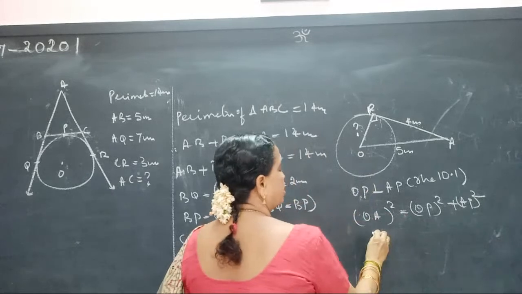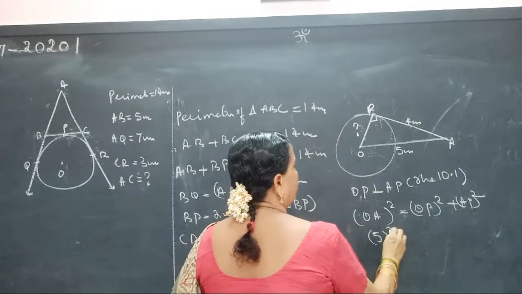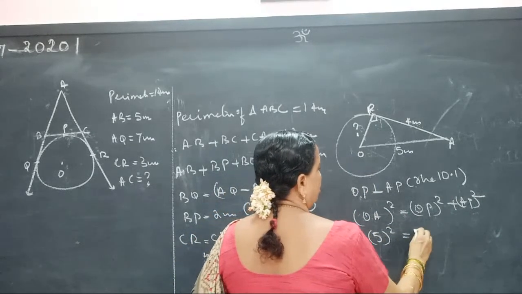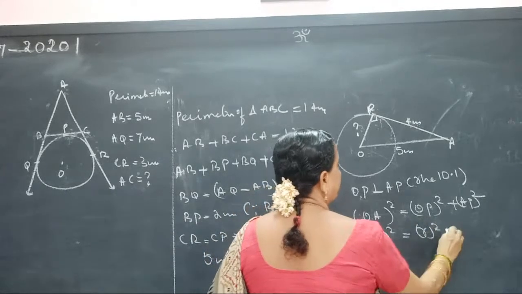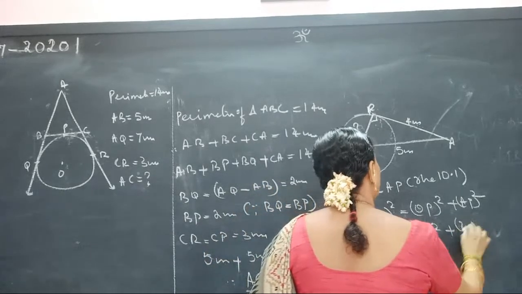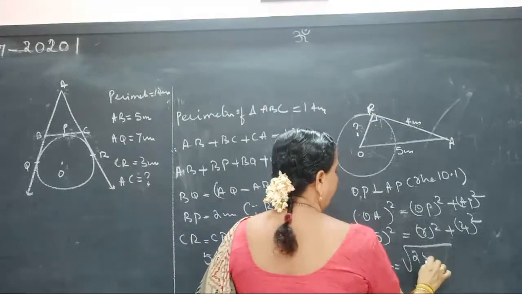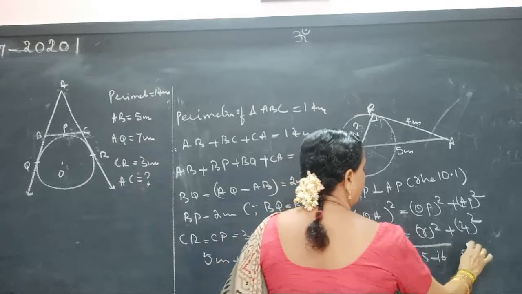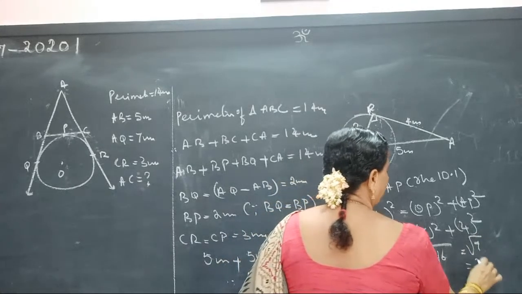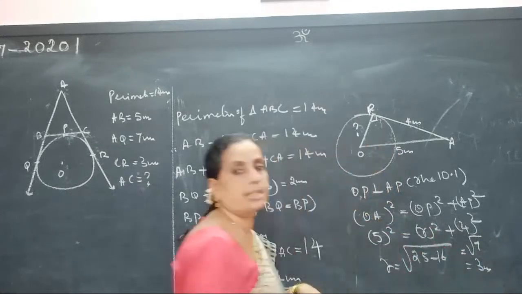OA is 5 square, OP is, we have to find out the radius, and it is 4 square. R equals root of 25 minus 16, root 9. So the radius is 3 centimeter.